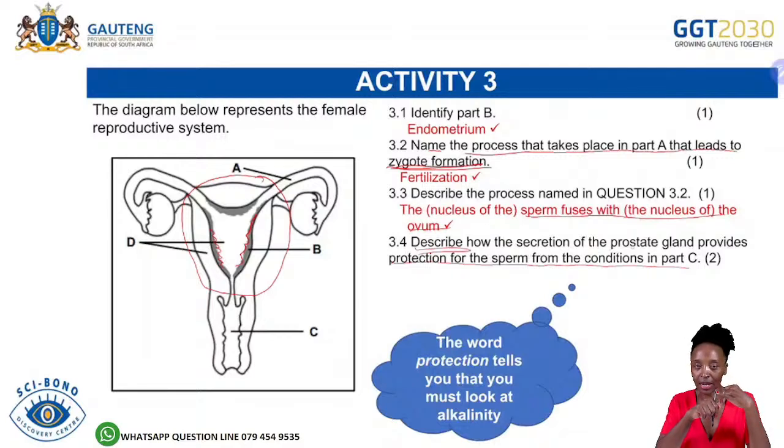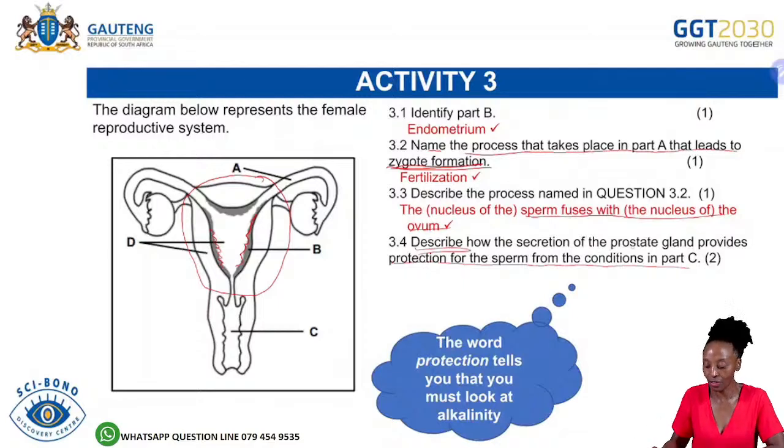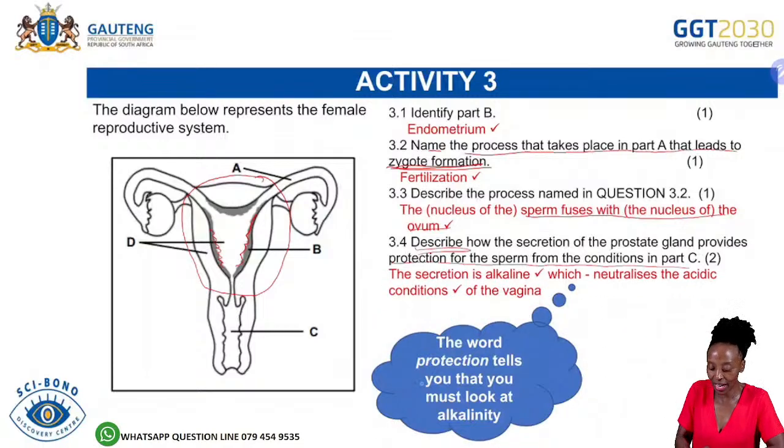Nutrient just gives them energy but does not protect. Mucus allows mobility but does not protect. But the alkaline medium ensures that they are protected from the acidic medium of the vagina and of the urethra in the penis. So here you are supposed to look at protection, and it tells you what they're looking for. The secretion is alkaline, which neutralizes the acidic conditions of the vagina.